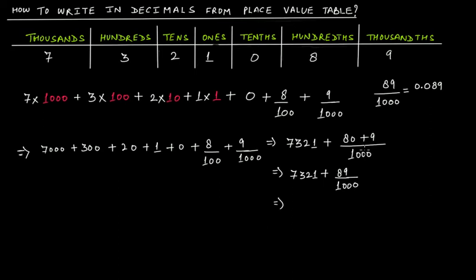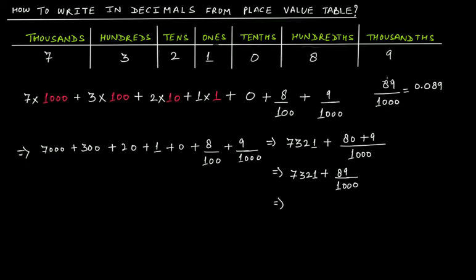I'll make a separate video on how to divide any number by multiples of 10. Like here it's 1000. It could be 10,000. It could be 10. It could be 100. So simple, just learn it. Like you have 3 zeros here, right? And you have 2 digits here, 8 and 9.